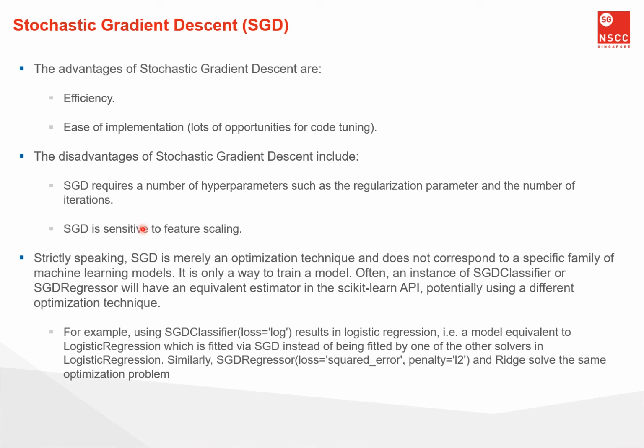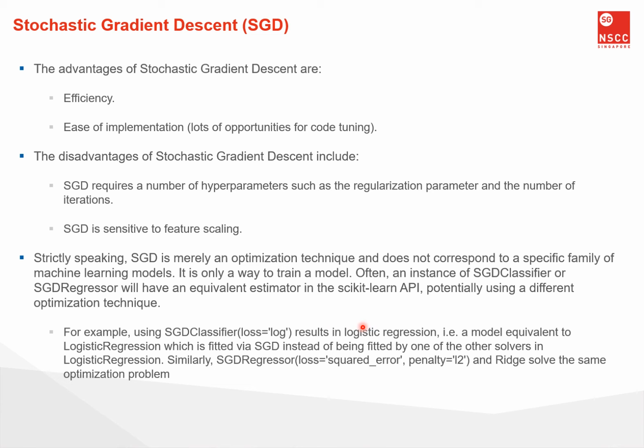So that's where SGD comes in very naturally to be able to handle these types of problems. So coming back to this, SGD is not actually a machine learning algorithm. So you can implement different machine learning algorithms depending on the loss function that you use. So for example, if you use the log loss function, then your SGDClassifier basically works like a large scale logistic regression.